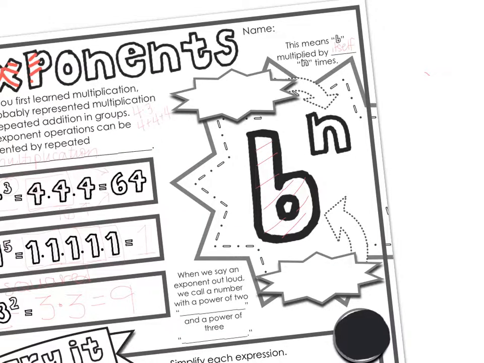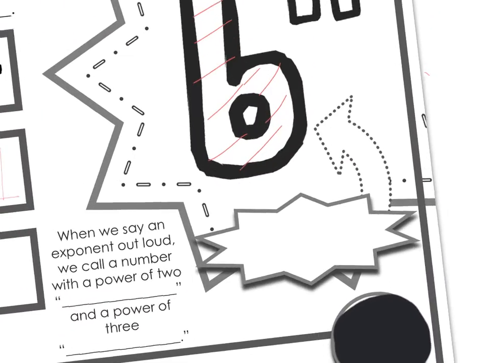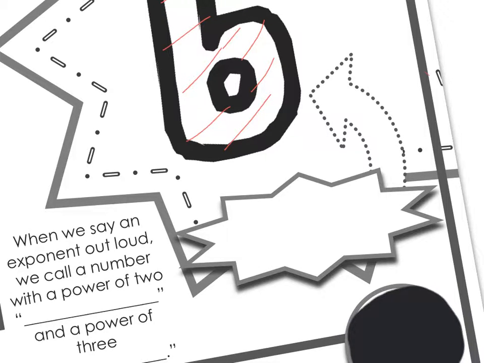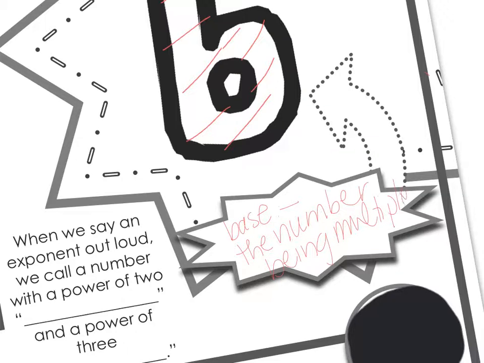So that big number, that is called the base. So we're going to write that in there. It is a base. It is the number being multiplied repeatedly.